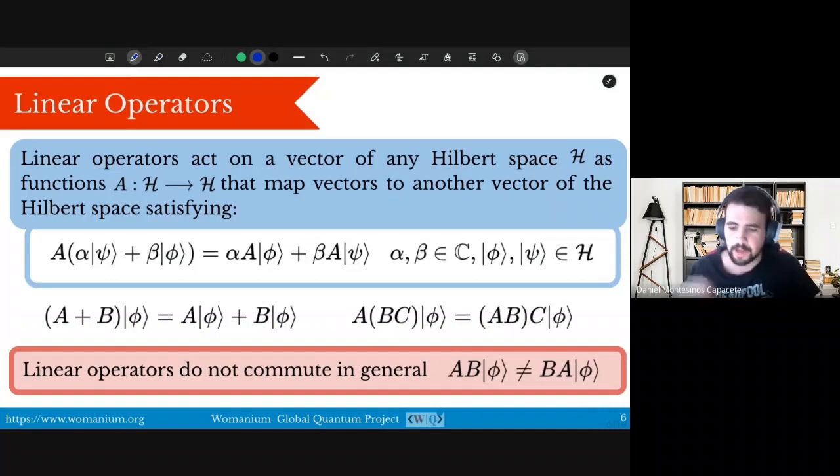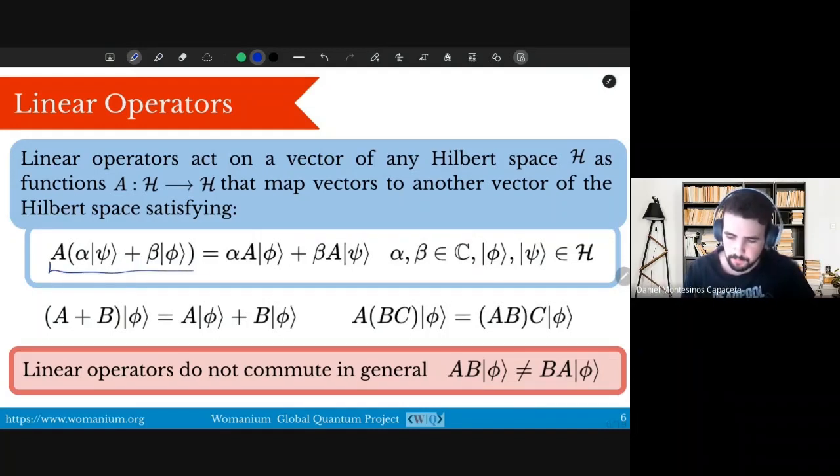In order to be called a linear operator, it must satisfy basically the same condition that we were talking about before. You have your operator acting on a general linear combination, and these are just general vectors. They don't have to satisfy any condition, any vector in your Hilbert space.